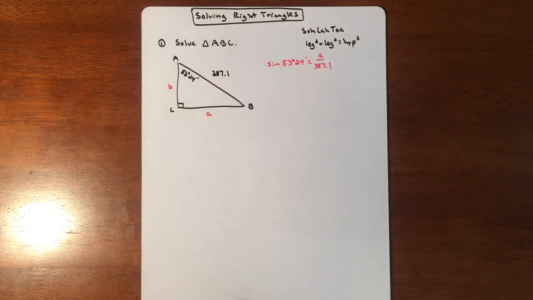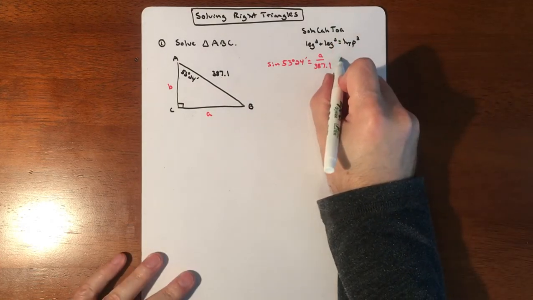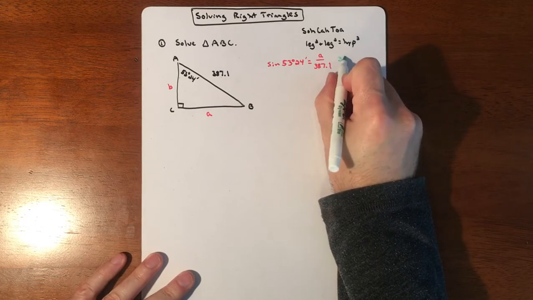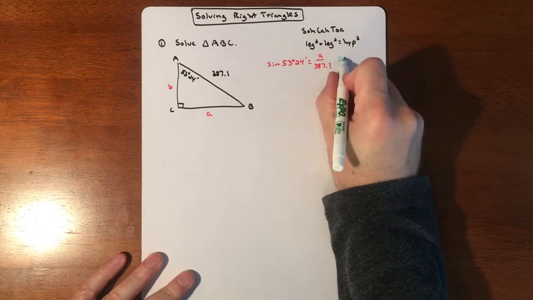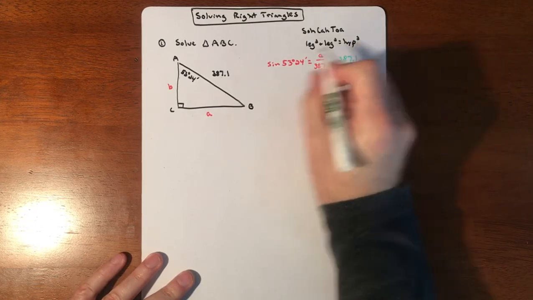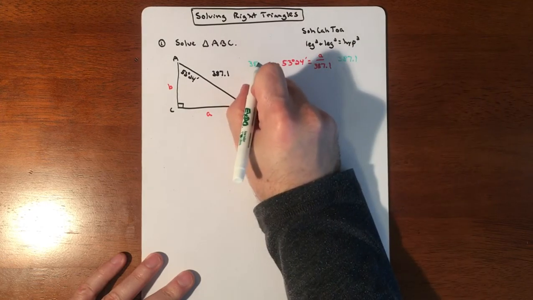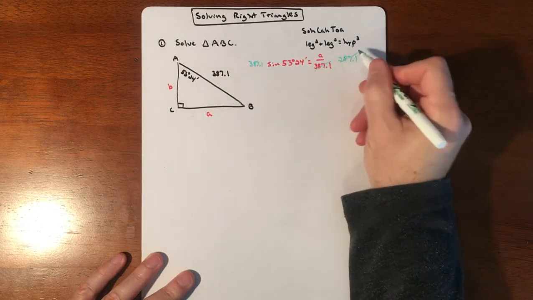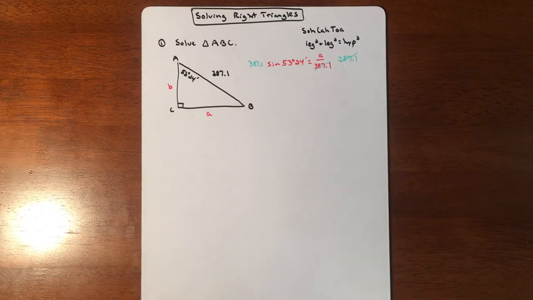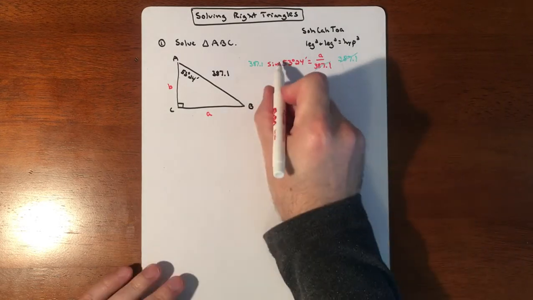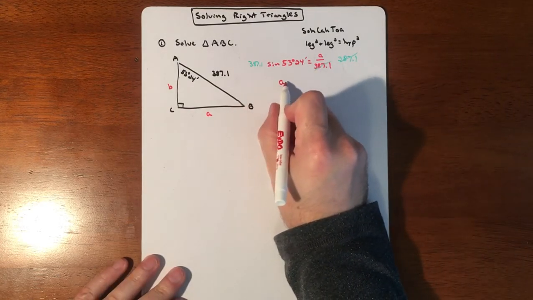So we're going to multiply by 387.1 on both sides. That undoes your division, cancels away the fraction.